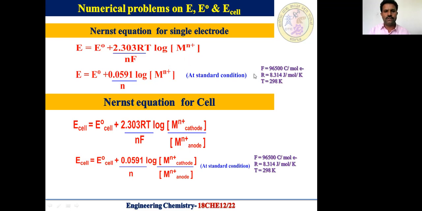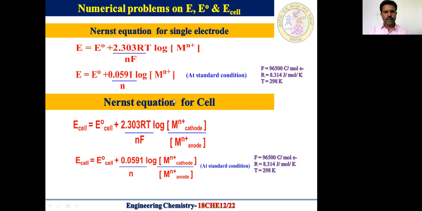Under standard conditions, if we substitute the constant values, that is Faraday's constant 96,500 coulombs per mole of electrons, universal gas constant 8.314 joules per Kelvin per mole, and temperature 298 Kelvin, then the Nernst equation for single electrode can be written as E is equal to E naught plus 0.0591 divided by n log of concentration of metal ions in solution.